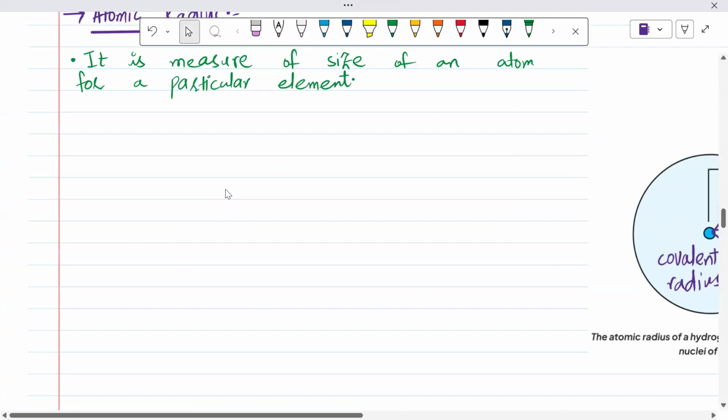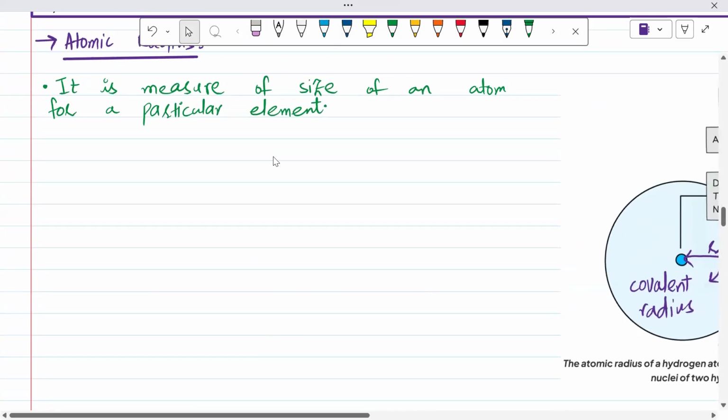So it is the measure of the size of an atom for a particular element, and we do it to get a general idea.